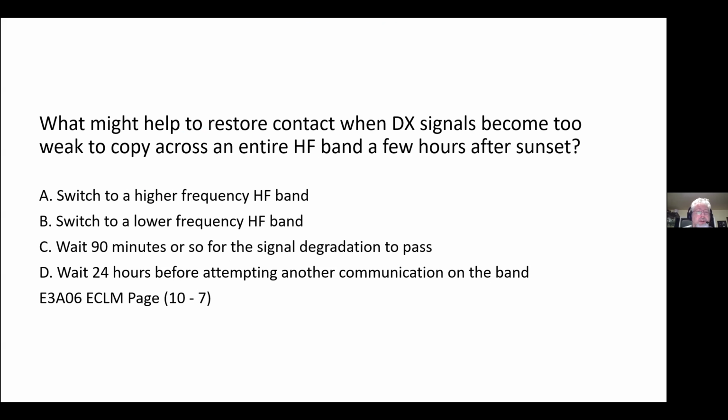What might help to restore contact when DX signals become too weak to copy across an entire HF band a few hours after sunset? A, switch to a higher frequency HF band. B, switch to a lower frequency HF band.